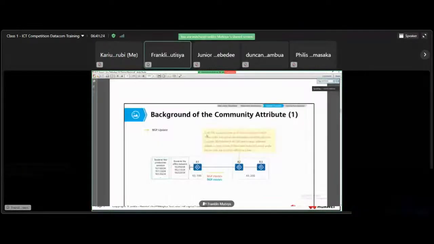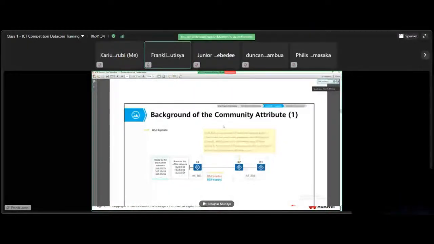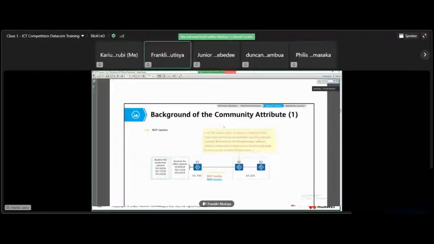Then now the community attribute. This one is used especially when you want to identify routes that have similar network behavior characteristics.